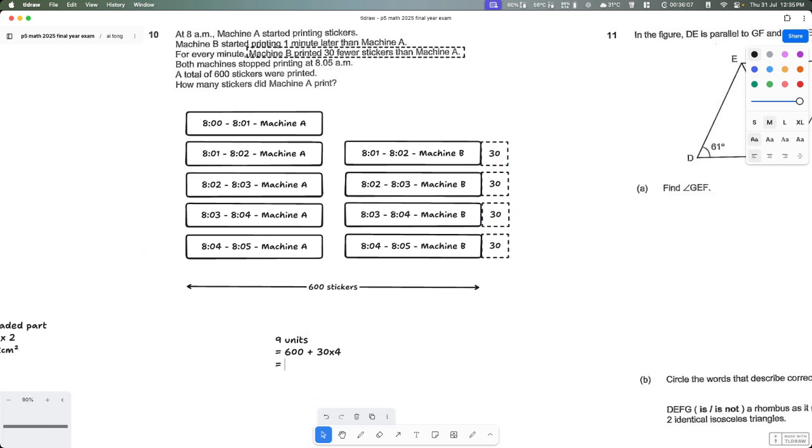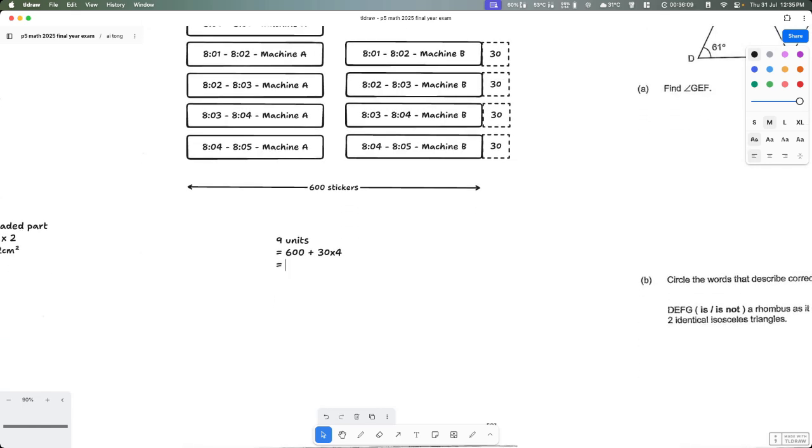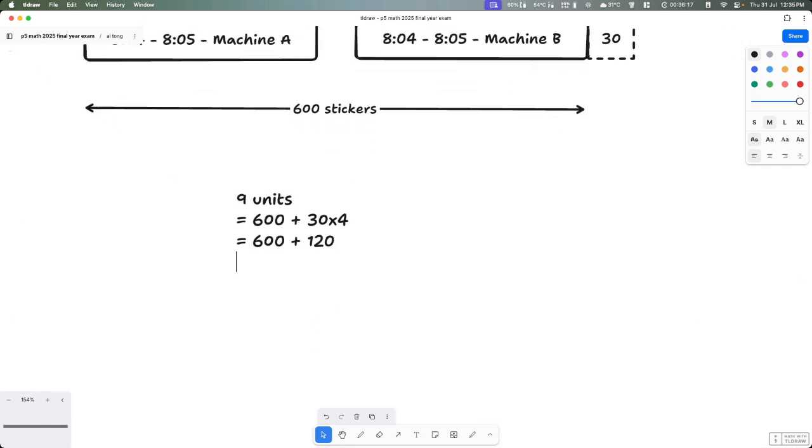So 600 plus 30 times 4 is 600 plus 120, and this will give us 720. So 9 units is equal to 720.